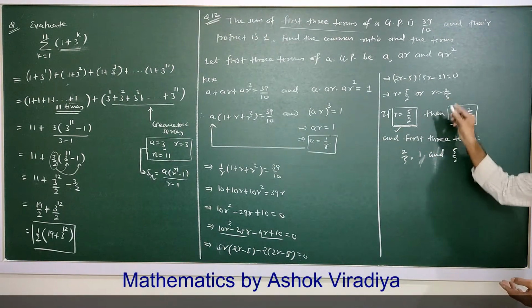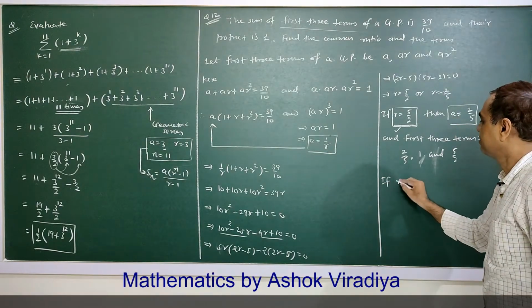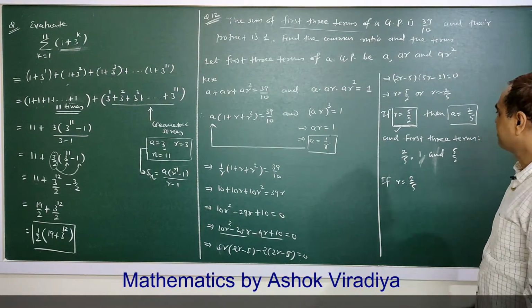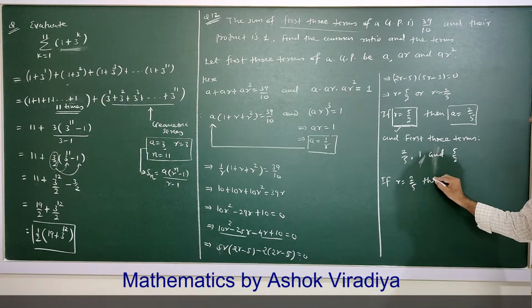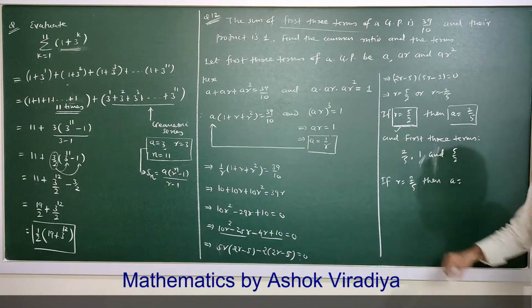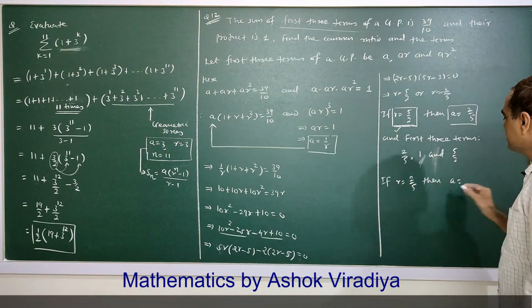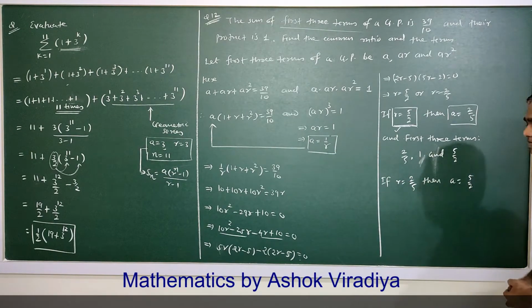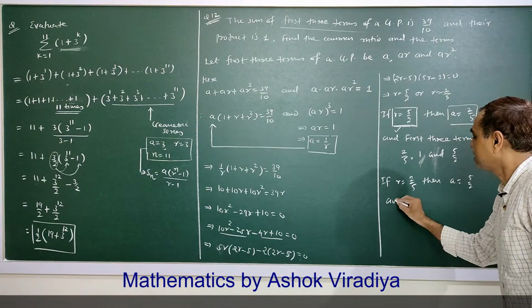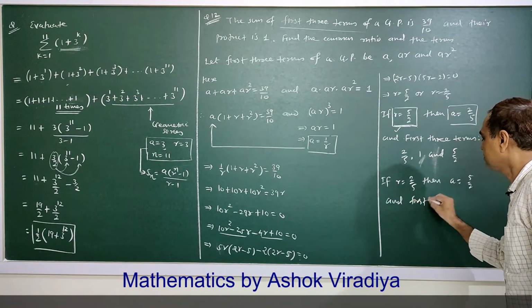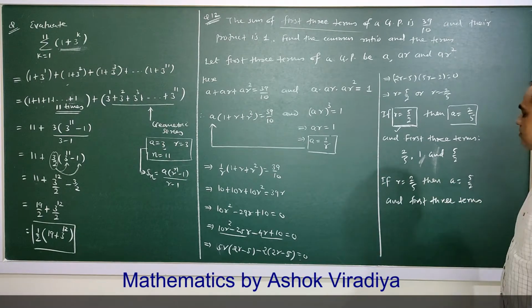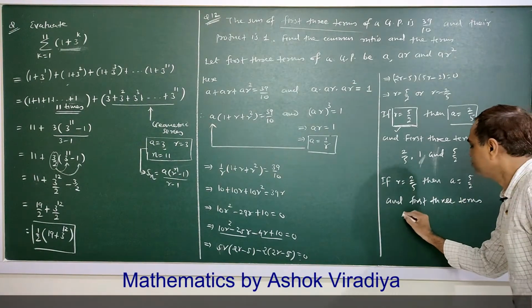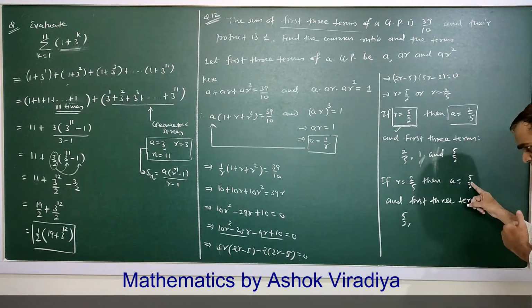If R is 2 by 5, then A is the reciprocal, A is 5 by 2. And the first three terms are: A is 5 by 2, so the first term is 5 by 2.